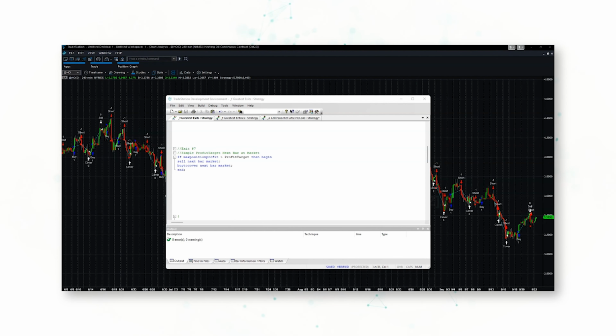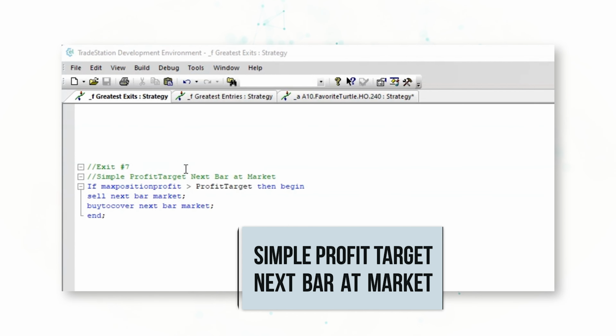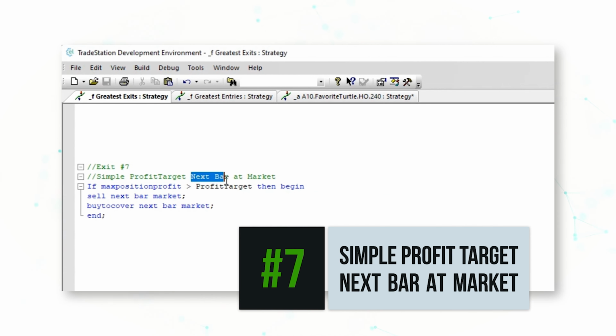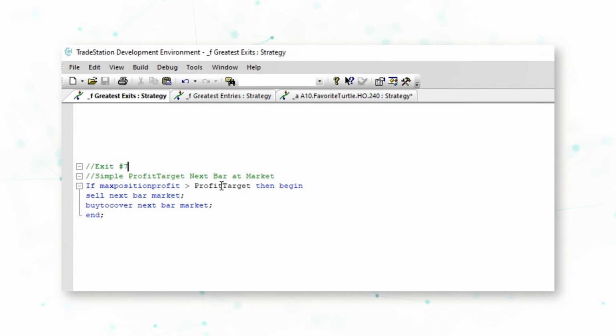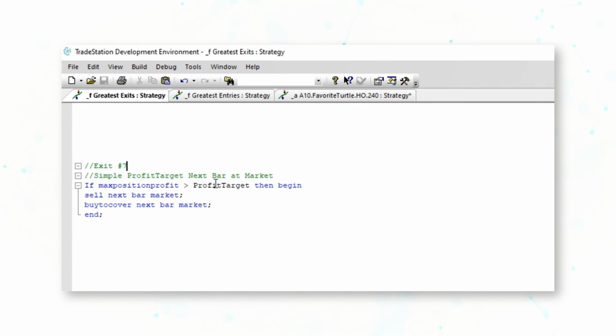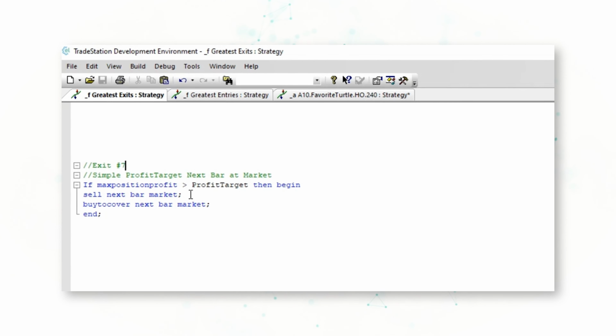Our next trading exit is a simple profit target that executes on the next bar at market. There's nothing really groundbreaking here. The only difference is that if your max position profit is greater than your profit target, $4,000 per contract, $5,000 per contract, $6,000 per contract, the system will then exit at the next bar at market.